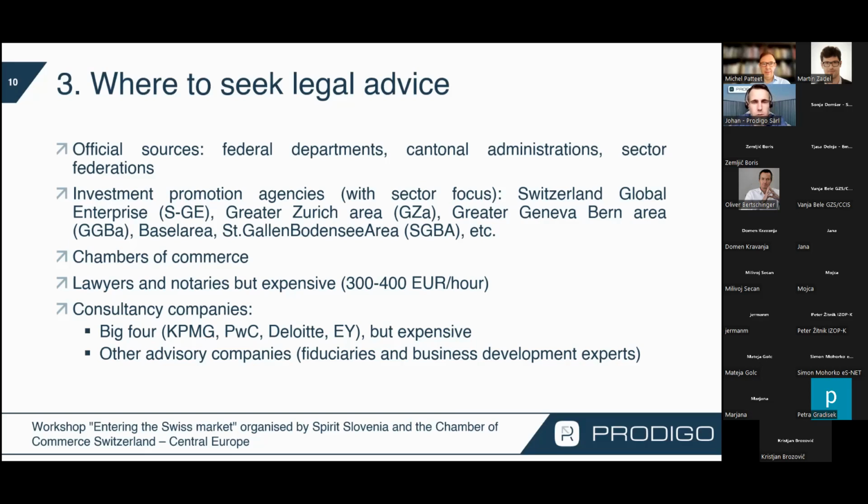And the last one, you can also go through other smaller advisory companies, such as fiduciaries or business development firms. They know well their own activities, and they can rely on other local partners for specific requests. So it is also a good source of information.